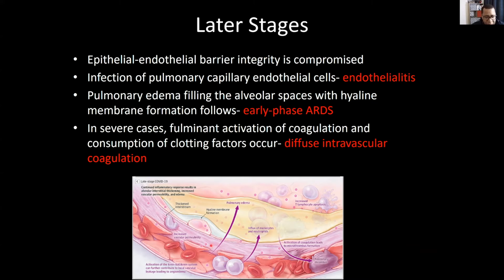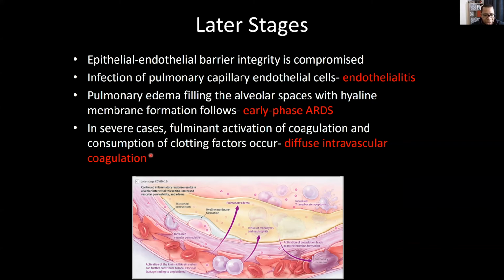And with the compromised barrier, just like with ARDS, you have pulmonary edema filling the alveolar spaces, and you have hyaline membrane formation, okay? So similar to the early part of the acute phase of ARDS.